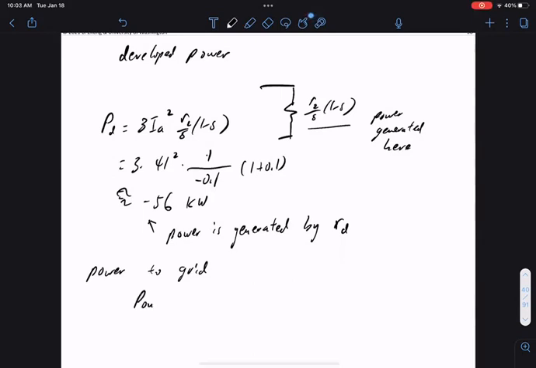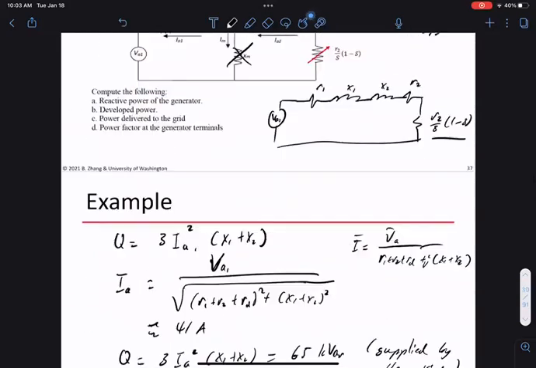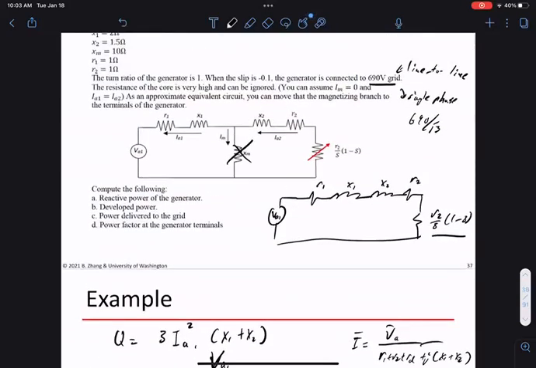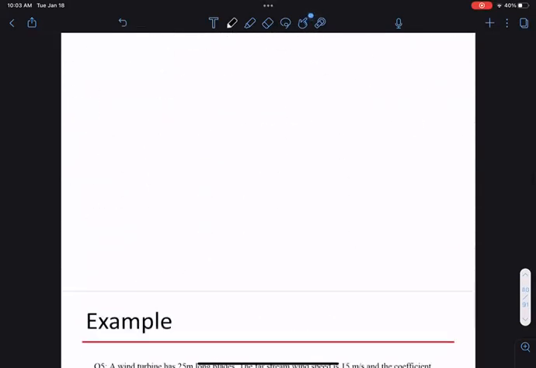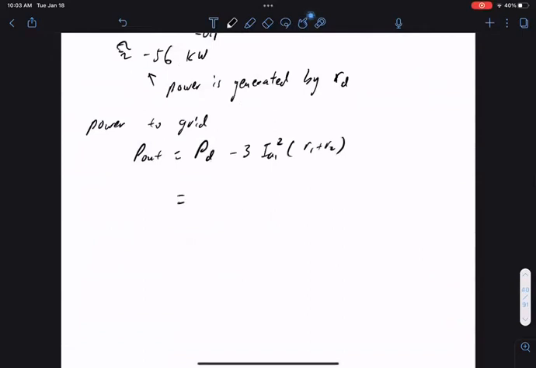So the power out to the grid is the power you generated, minus 3 IA squared (R1 plus R2). If you look at the circuit diagram, you lose power in R1. Subtracting that gives you the total power coming to the grid. This is about 46 kilowatts. So we do lose some power.